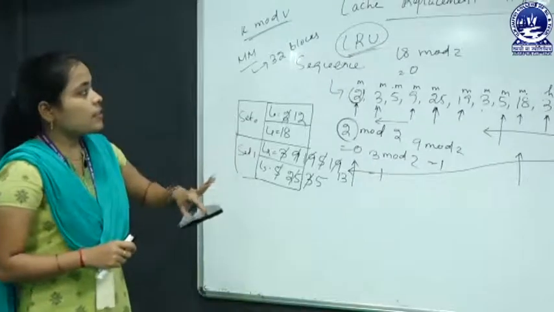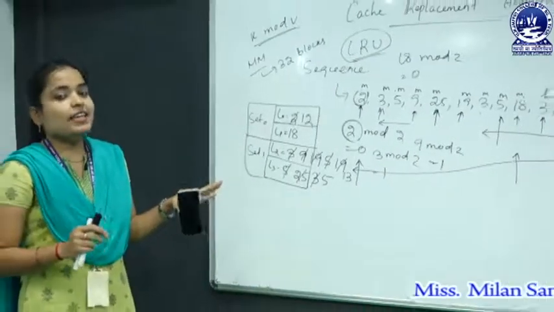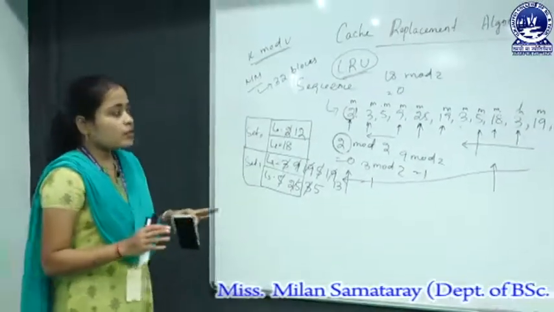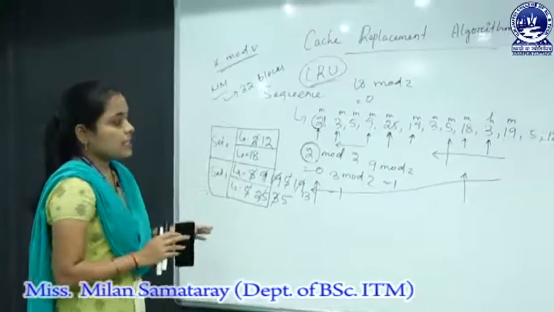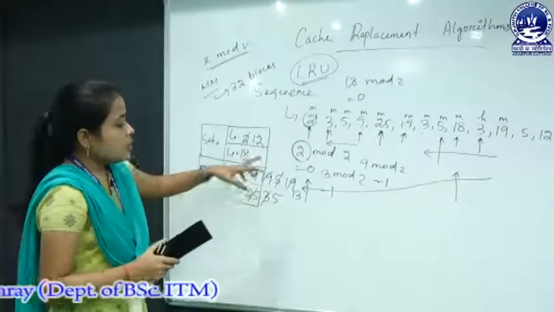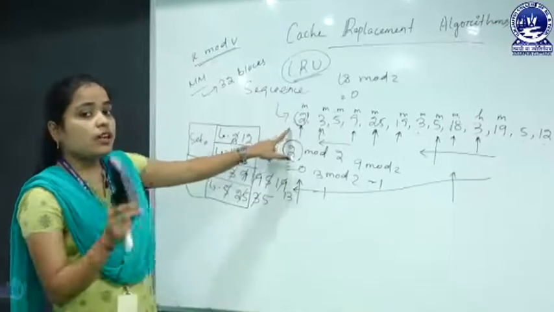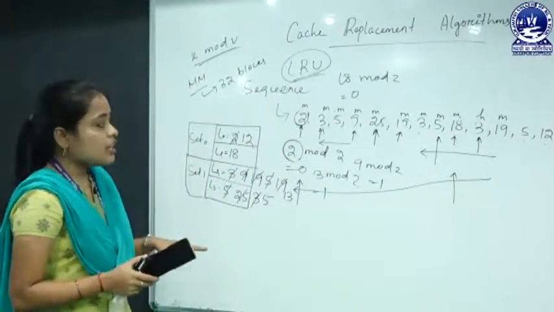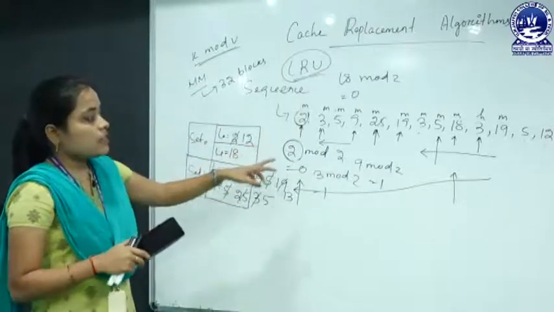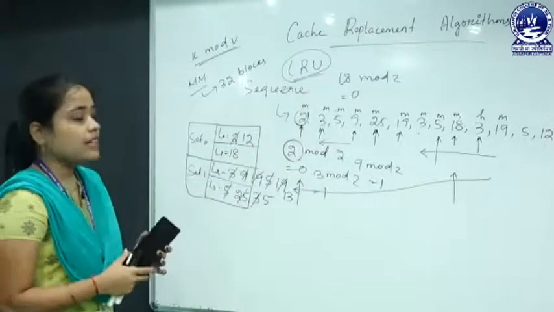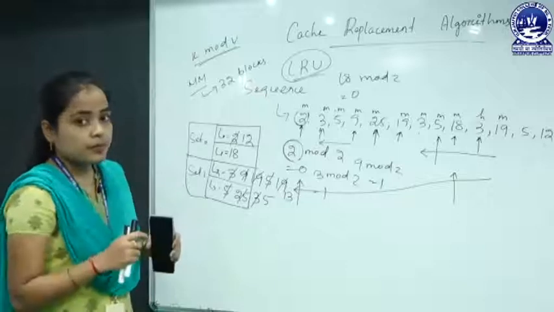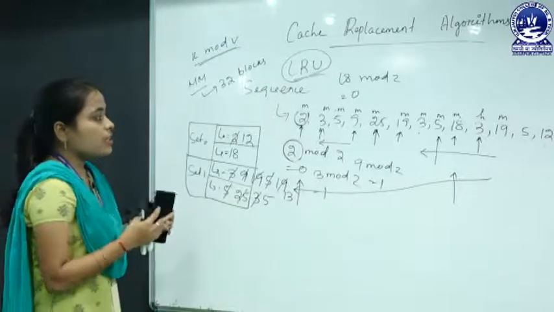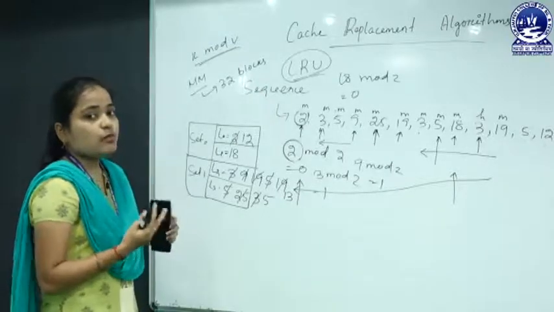So this is all about the least recently used cache replacement algorithm. The advantage is basically that the block which is not used for the maximum time has to be replaced, because the CPU may not need that block in the future. That is the assumption you have to make.